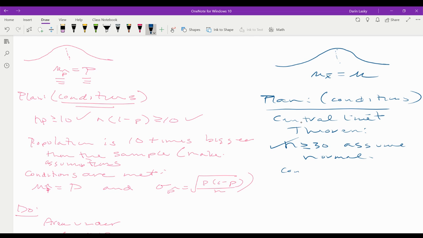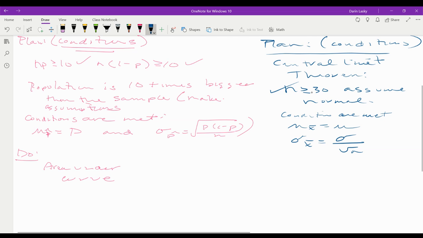If the conditions are met, mu of x bar equals mu, and sigma of x bar is equal to the standard deviation divided by the square root of n. And then we move down to the do part, and we end up with, again, the area under the curve right now.